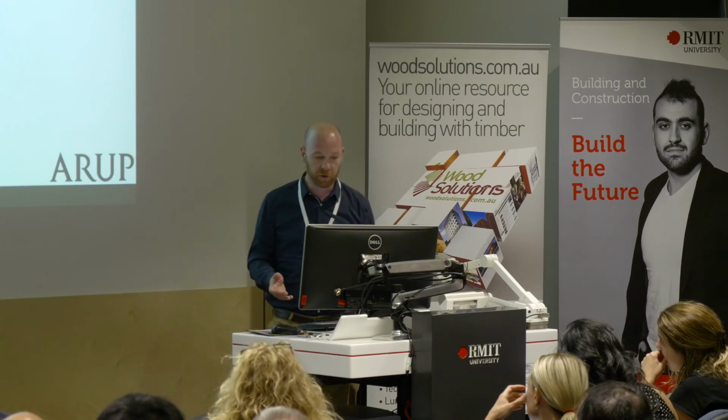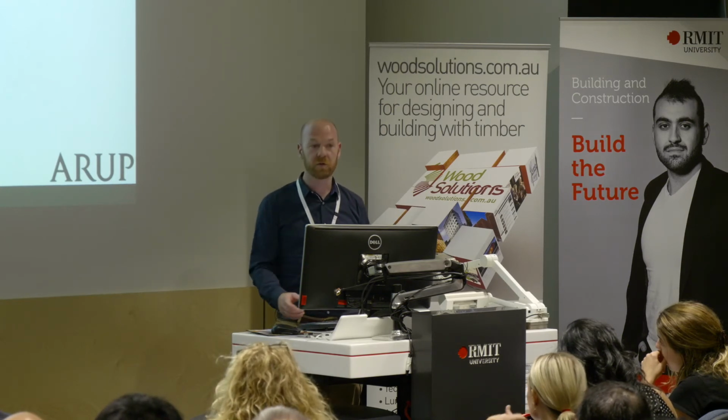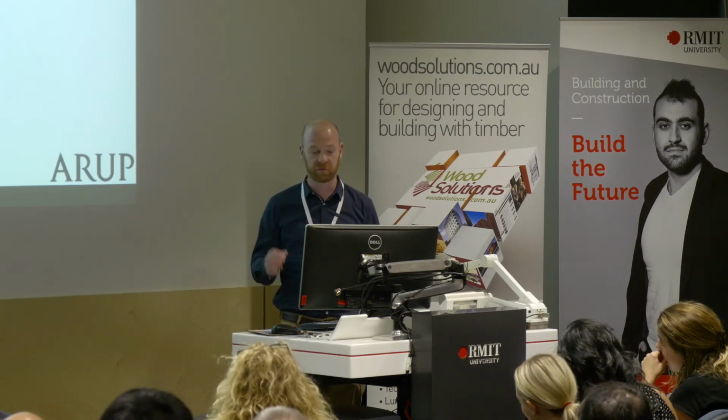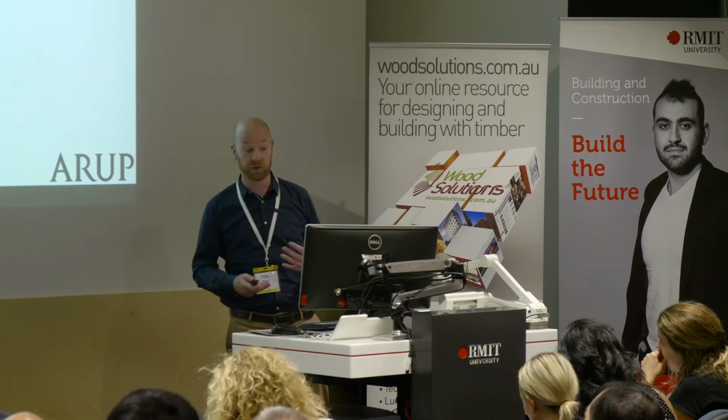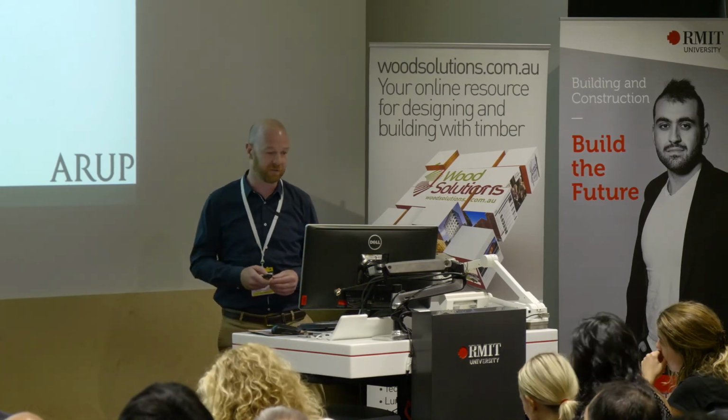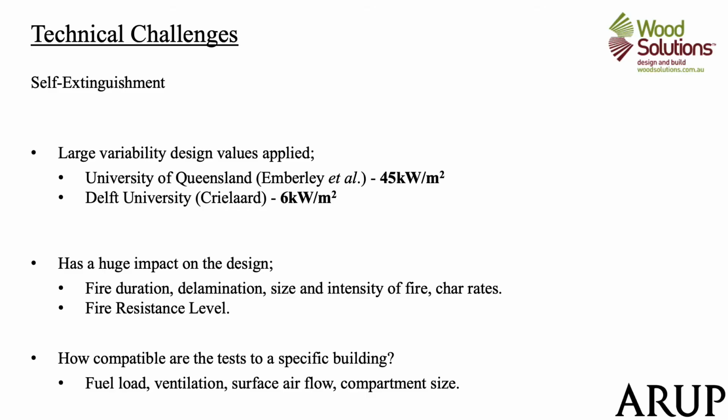But given it's such an important factor, what do you use as your self-extinguishment criteria? It's really important to get this right, otherwise you could significantly underestimate your fire resistance period. So there's a bit of debate in the academic communities about what to use.